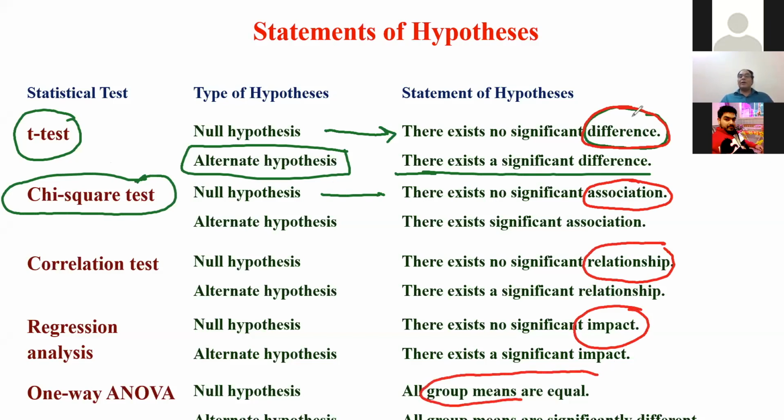So now read these words very carefully. So when I want to check the difference between two groups, my null hypothesis that both are same, there exists no significant difference. So I will apply the t-test.